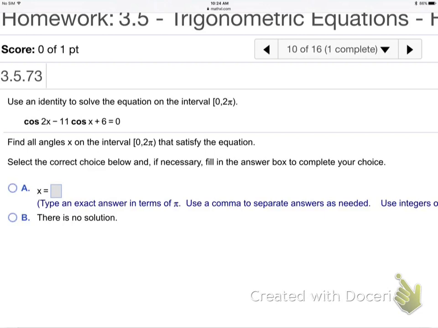Okay, so cosine 2x minus 11 cosine x plus 6 is 0. Give that a try.